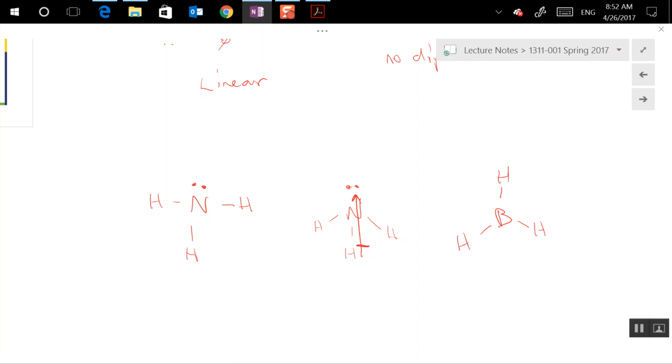Okay? C, H, H, H, H. No lone pairs, perfect symmetry. So because I have perfect symmetry around this carbon, it's nonpolar. Methane is a nonpolar molecule. Methane gas is nonpolar, which gives it a lot of its characteristics. If you're nonpolar, then you're usually a gas at room temperature.